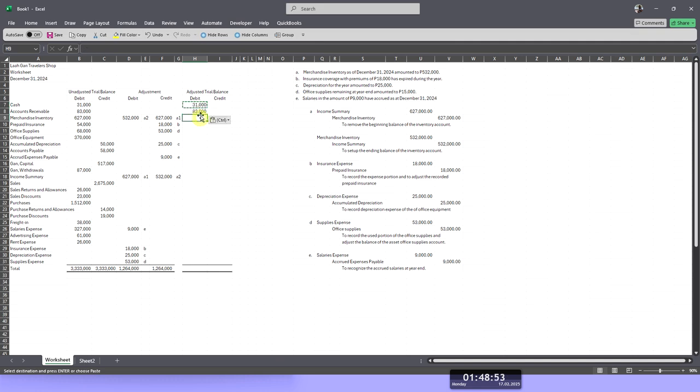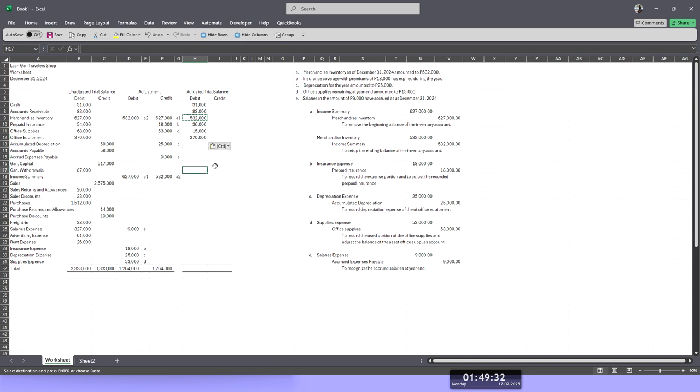And then for the merchandise inventory, again, debit in the unadjusted trial balance plus debit in the adjustment column minus credit in the adjustment column. And the same also with prepaid insurance, which I will just use the formula from merchandise inventory, copy it and paste to the prepaid insurance row, as well as the office supplies and the office equipment.